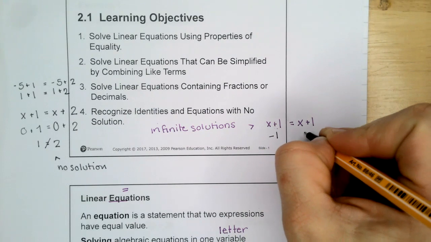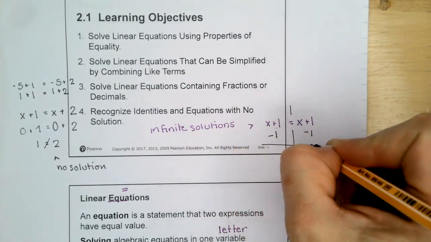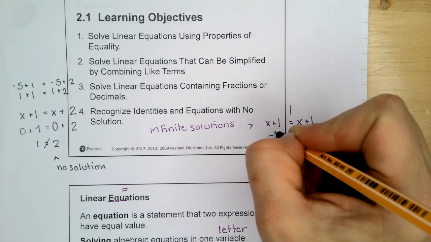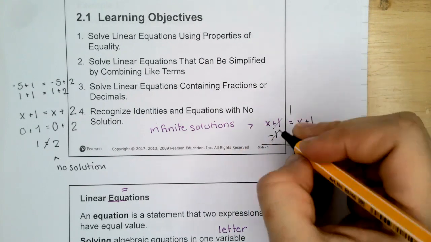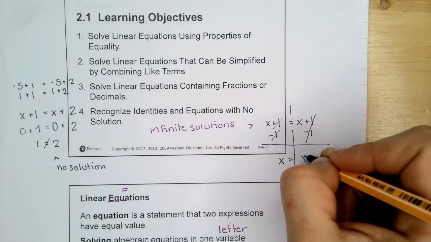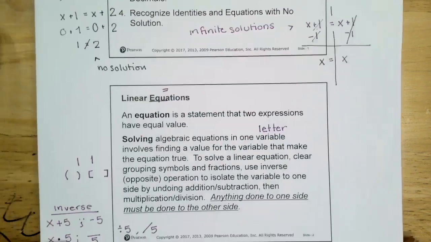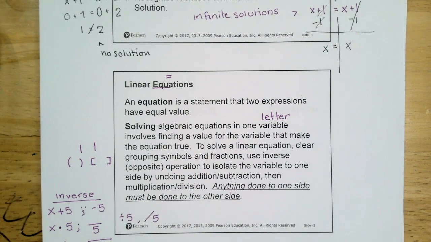So I'm going to subtract 1 here. I'll subtract 1 on this side because this is the equal sign wall. Now that plus 1 minus 1, they are canceled. That's why we did the inverse, and we get x equals x. Okay? Anything done to one side must be done to the other side.